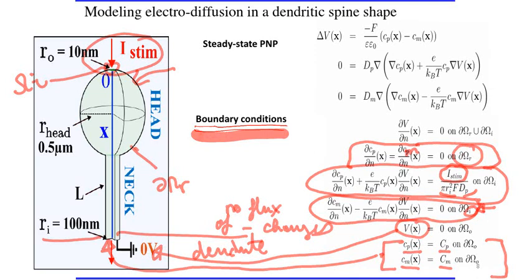And also we impose that dV/dn equals 0 on these two regions, on the reflecting part and the injecting part.